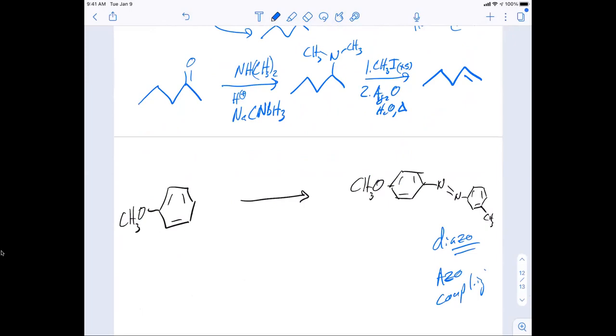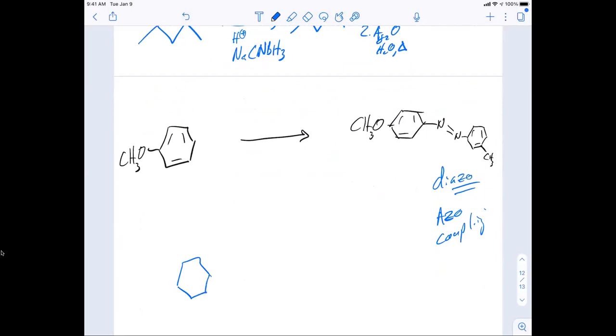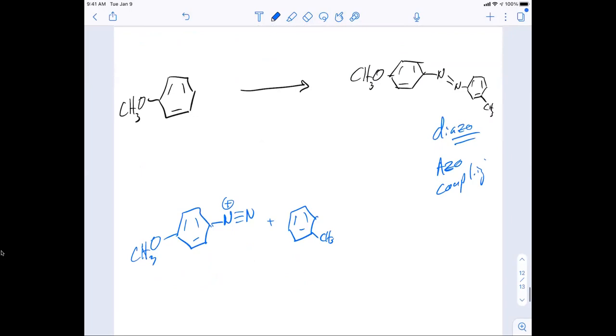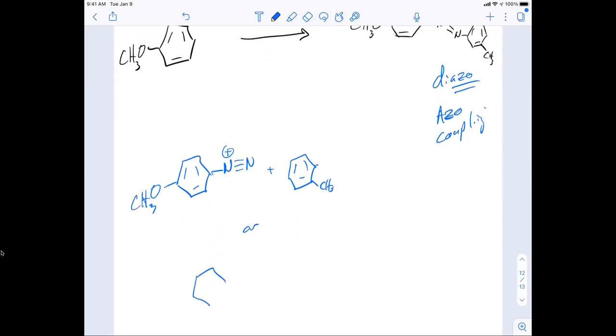And I potentially could form this plus this, or I could have had this plus this, right? So for the azo coupling, what's one of the driving factors we want?